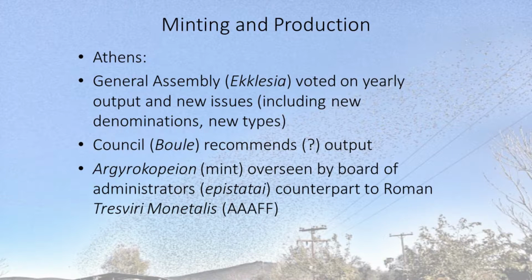In Athens, we know that the mint, or the agrokopion, was overseen by a board of epistatae, or supervisors, administrators, who were responsible for its operation. The degree of autonomy of the board is not entirely certain, but we know that they reported to the boulé, who reported to the ecclesia, to the council. And it's reasonable to consider that the board contracted with engravers and other laborers, perhaps workshops, to successfully carry out the production.